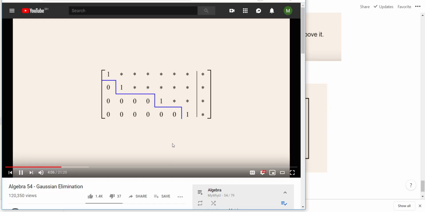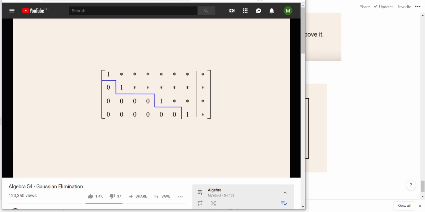Once a matrix has been put in row echelon form, no column will contain more than a single leading entry.